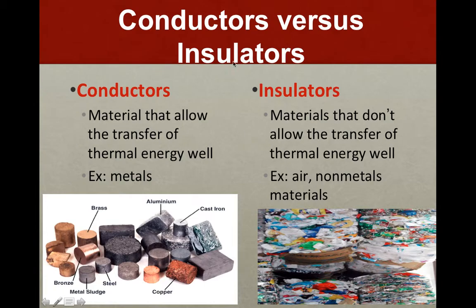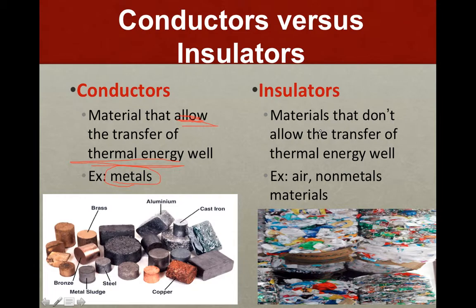Okay, now the last thing that I have right here are conductors versus insulators. Conductors are basically those materials that allow heat to travel through. They allow thermal energy, and think of heat, to travel through, and the best ones are metals. And insulators, think about a cooler, it's an insulator.